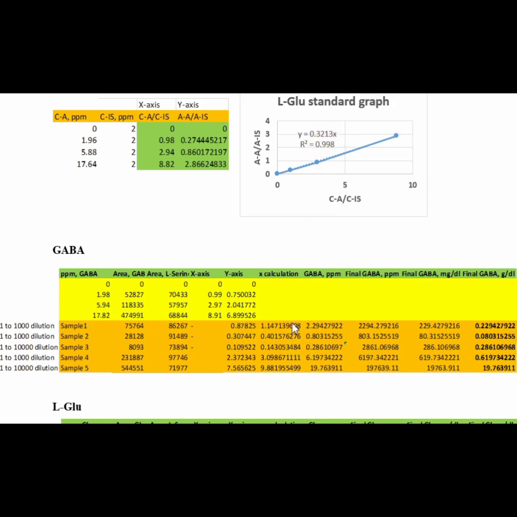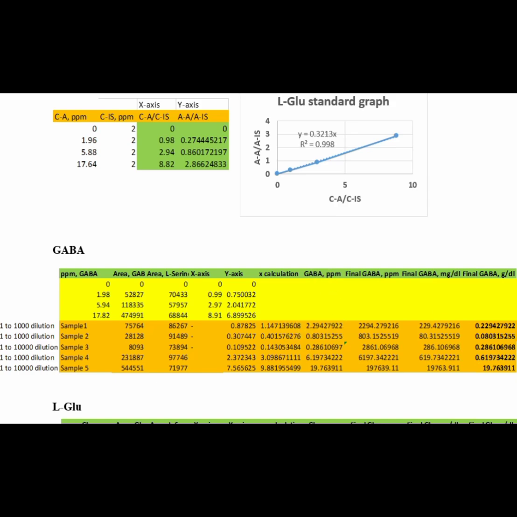So likewise we can calculate x value. Then we can obtain GABA ppm. For determination of GABA ppm, this x value is multiplied by 2, because 2 ppm L-serine was used, so we have to multiply it by 2.